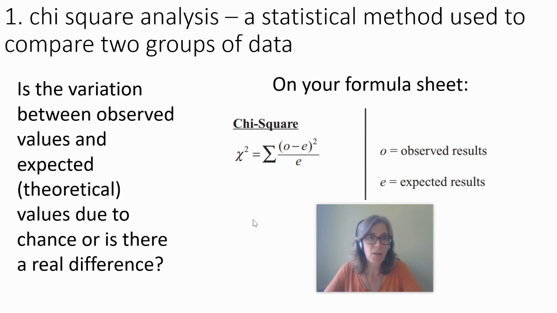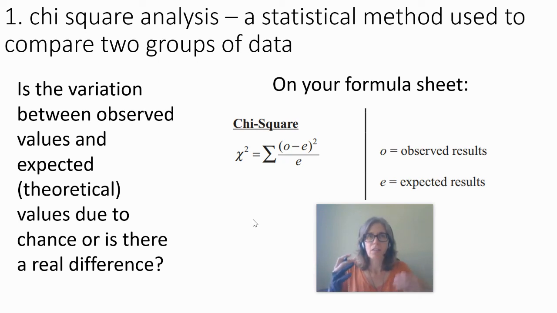So let's say you have some fruit flies and you're thinking that the red eyes versus, I don't know, maybe brown eyes, you're expecting red eyes to be dominant and it's not on a sex chromosome, so we're expecting just normal autosomal dominance, if you remember what that is. If you don't, we're going to do a whole unit on genetics, so don't worry about it too much.